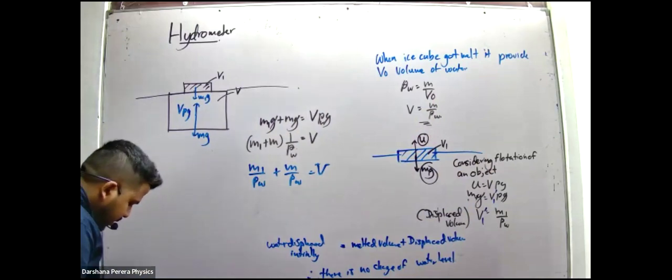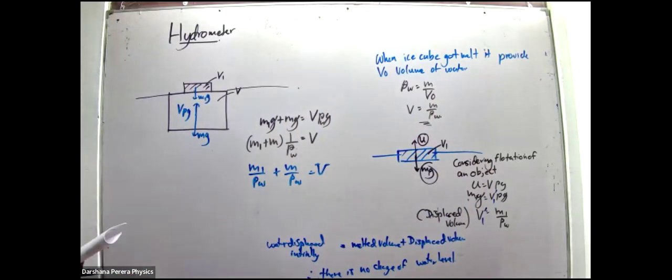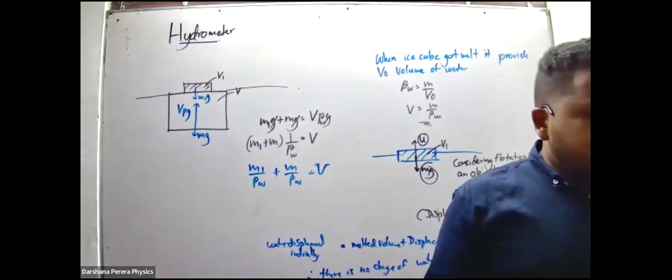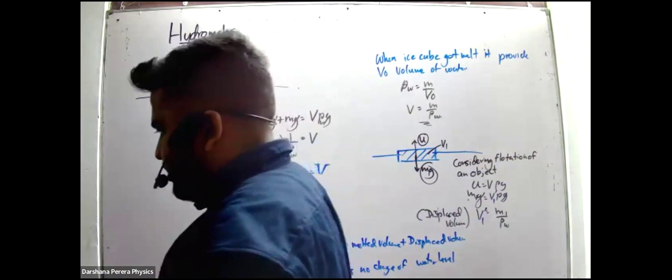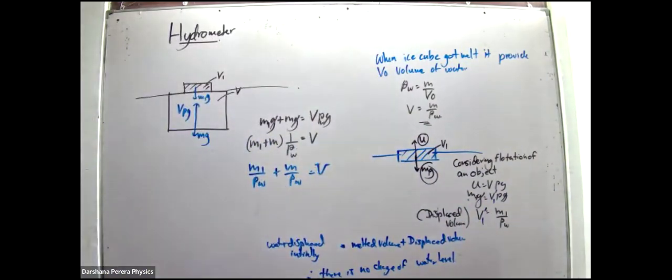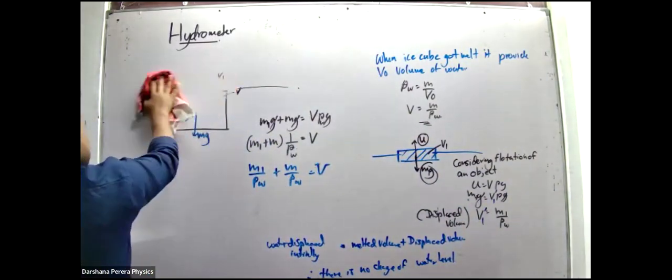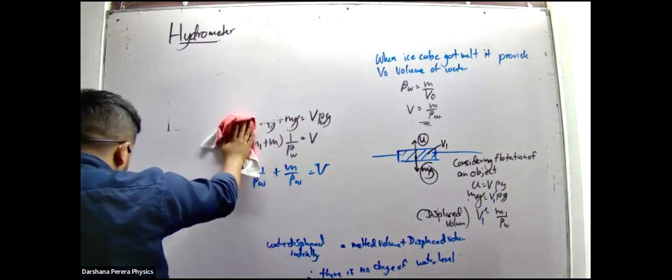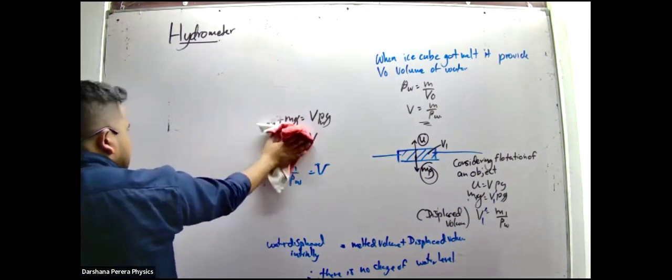Okay, write down all the things. Write down another point. An ice cube contains a coin on the top of it or inside it.